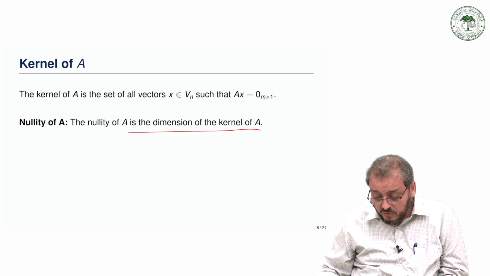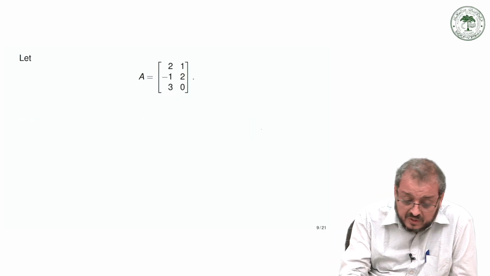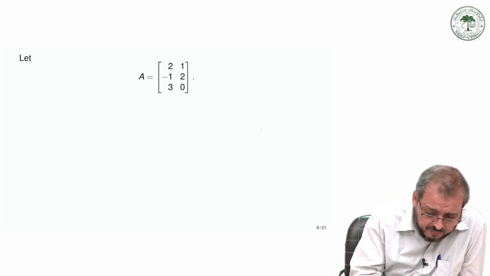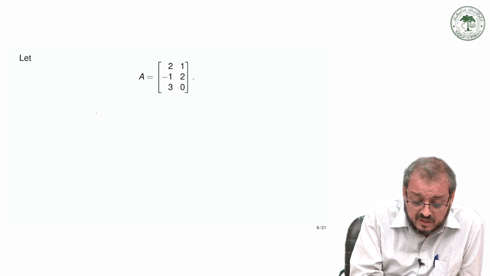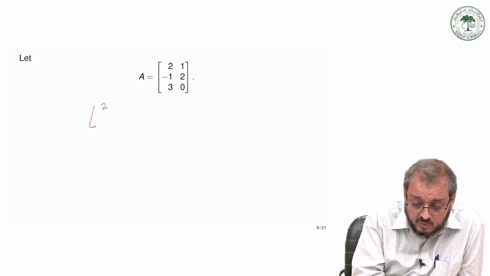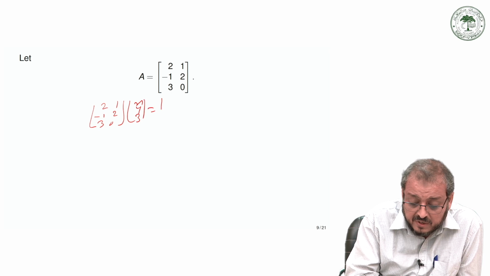Okay, so we just try one example. We try to find the kernel of this matrix, which can be written in the form of (2, 1; -1, 2; 3, 0) times (x, y).